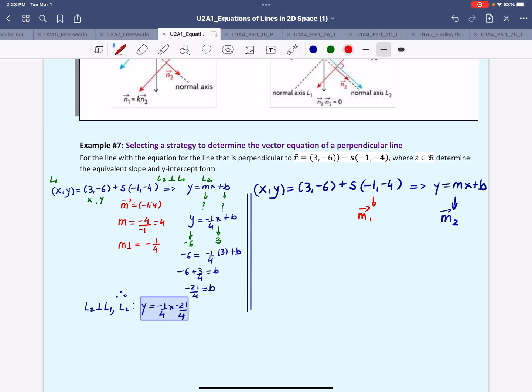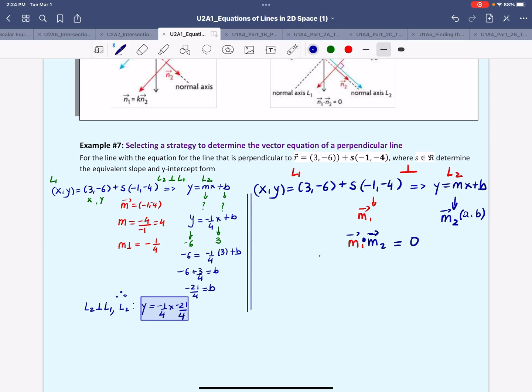So recall that, again, we had the lines L1 and L2 perpendicular to each other. So if m2 has the coordinates a and b, then the dot product of their direction vectors, m1 and m2, would be equal to 0.